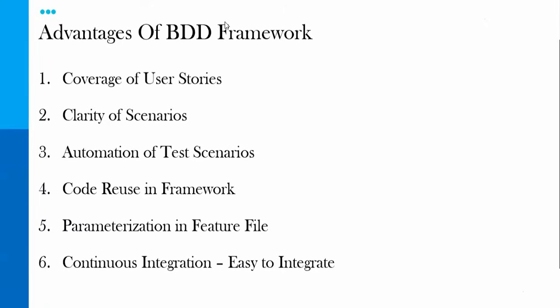So what again are the advantages of following this? Very deep coverage of user stories. There is no possibility that you will miss the requirement. It means what? As an automation tester, you can work in a BDD project.